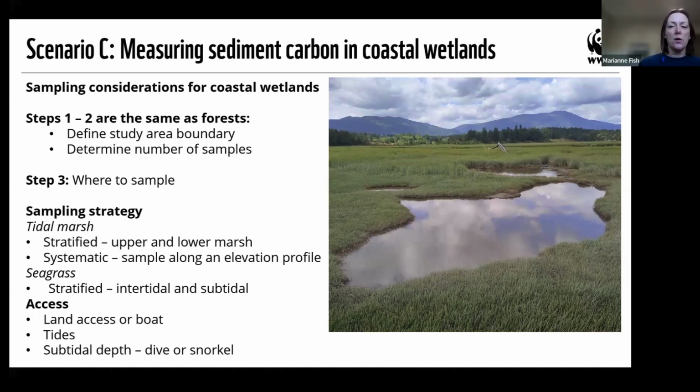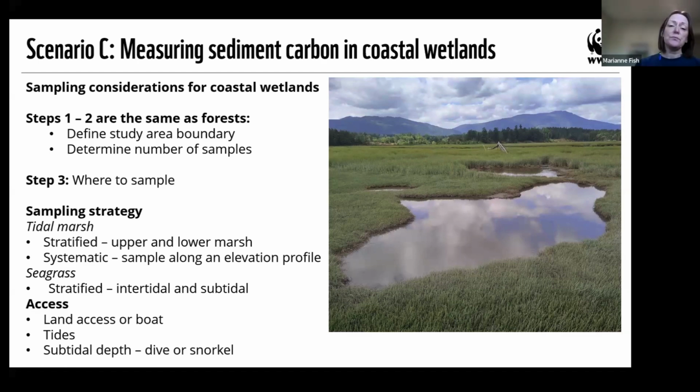So that might be one approach to dividing your study area before you start sampling, is to stratify that into upper and lower marsh. Likewise with seagrass, a similar approach might be done if you have both intertidal and subtidal seagrass. You may want to make that division and then decide on your sampling protocols.